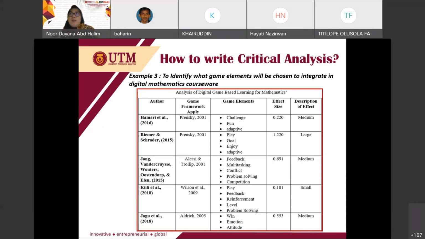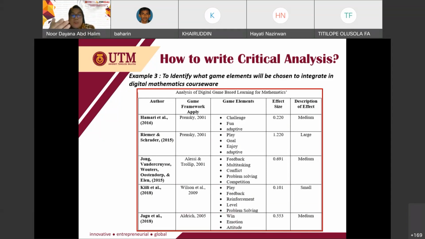I asked him, hey man, there are so many game elements, and of course we have so many articles that listed the game elements. So what is actually the best game elements that you want to integrate in your courseware? That is the purpose of why he drew this table.